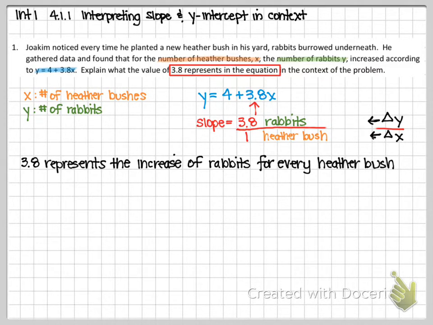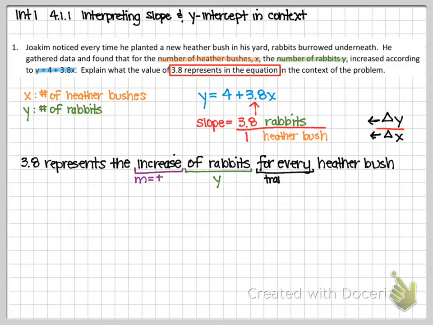So what I have here is 3.8 represents the increase. That's because slope was a positive number. Of rabbits, well, rabbits was the y. Increase of rabbits, that's my y. For every, this is my transition.